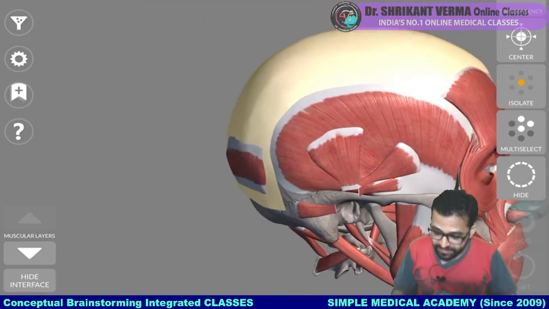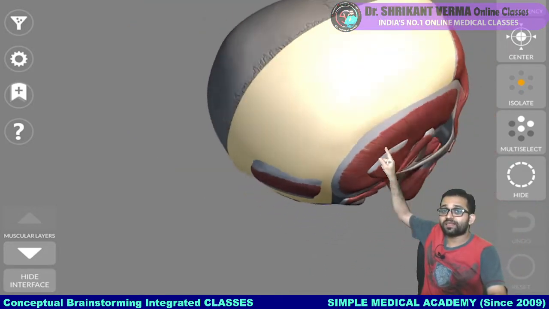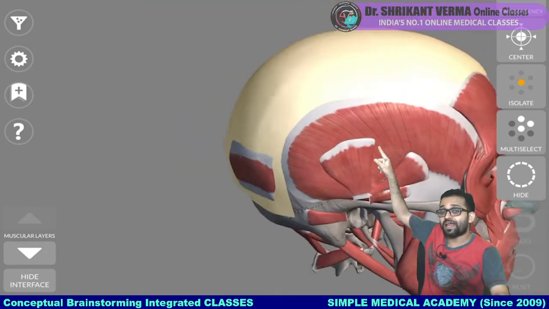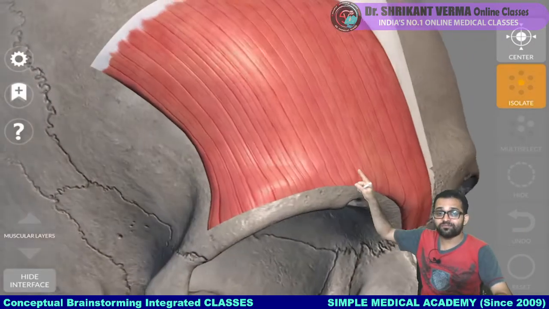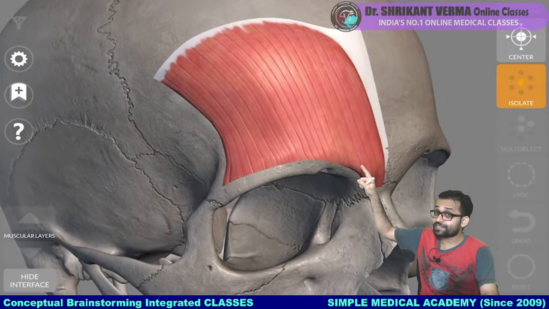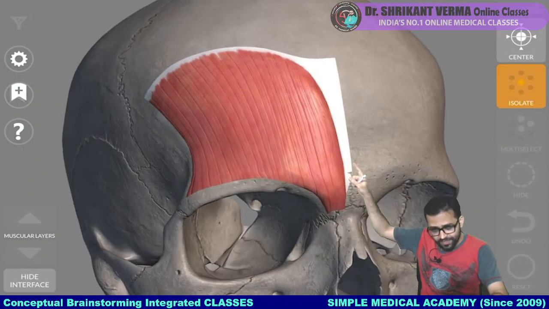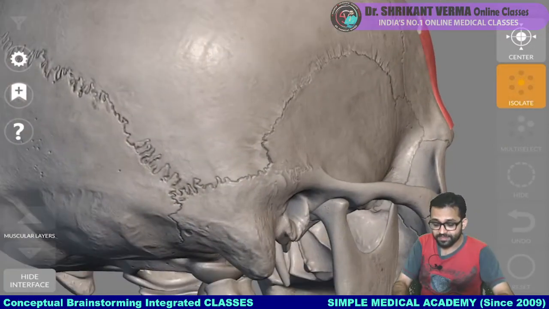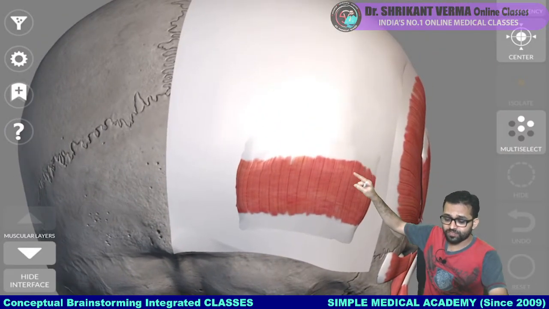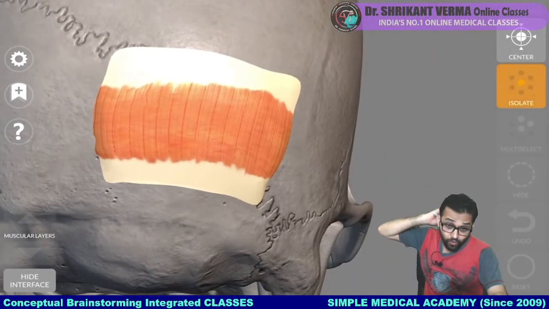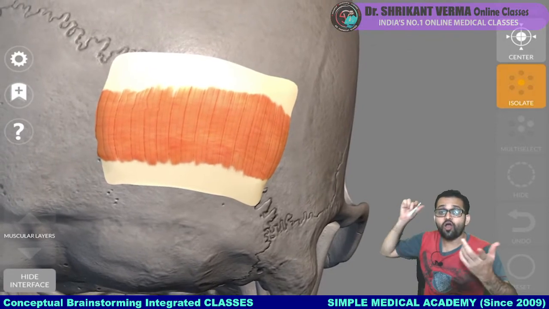Can you see the flat tendon over our cranium? This is our Galea aponeurotica. On the front it has the muscle, that's why frontalis, and on the back side, yes, can you observe the small muscle on the back side? This is over the occipital region, that's why occipitalis.